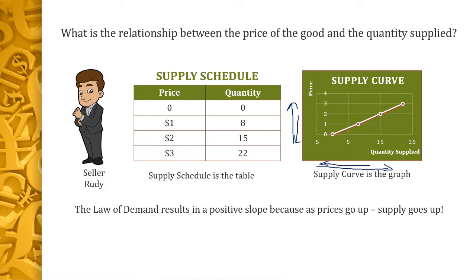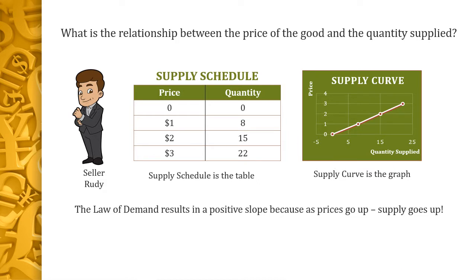Whereas with demand, we had opposite. So in demand, if one side was going up, one side was going down. But with supply, we're going to find that both of them go the same way. They're either both going to go up or they're both going to go down. That's one of the critical differences between supply and demand as far as when we're graphing them out.